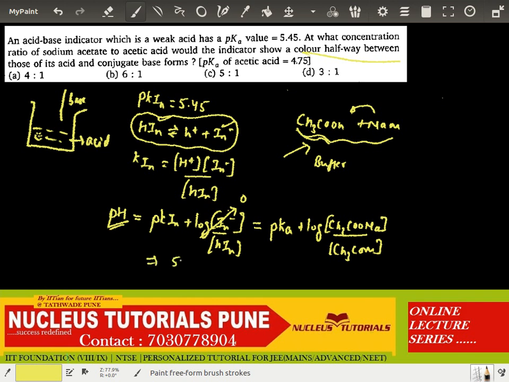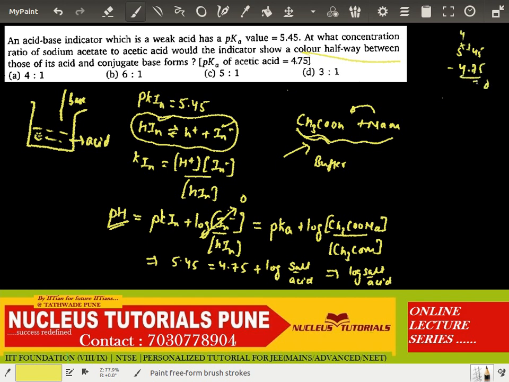This is 5.45. pKa is 4.75, and we have log salt upon acid, right? So we can see from here that log salt upon acid is 5.45 minus 4.75.